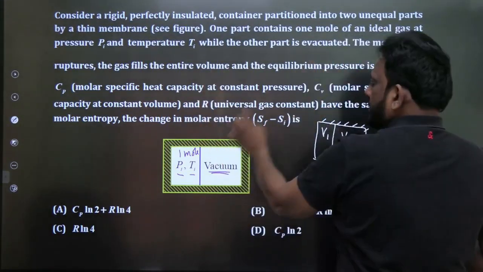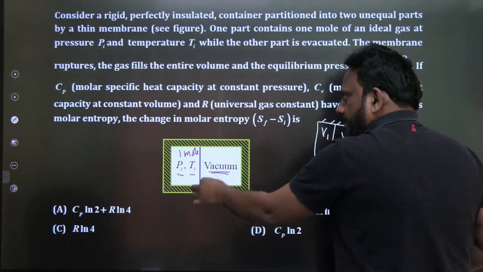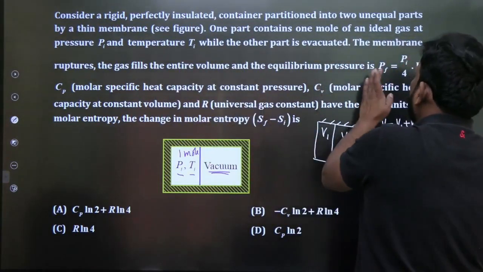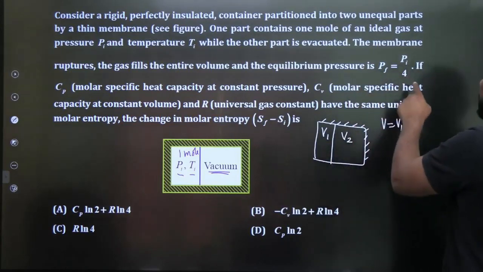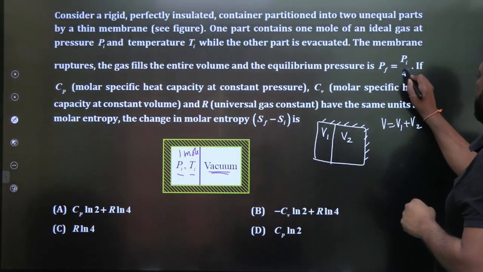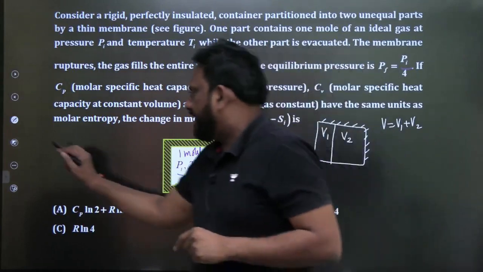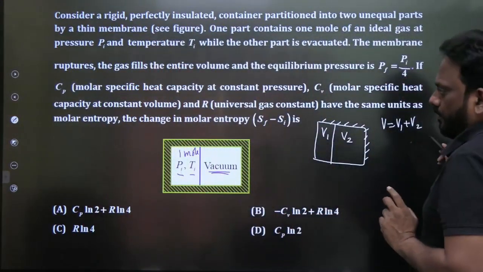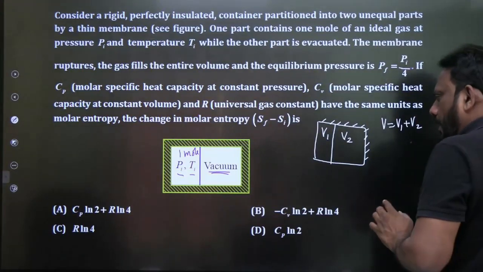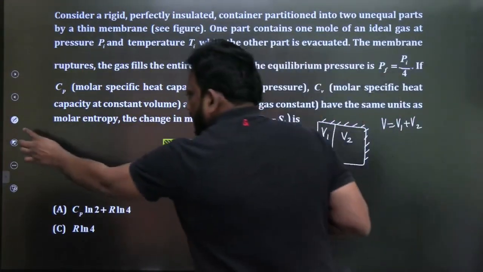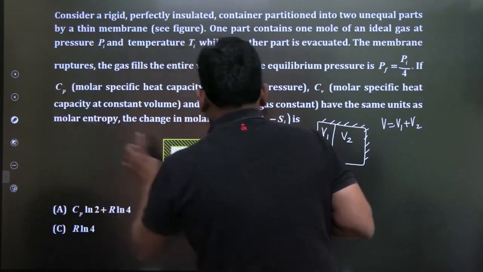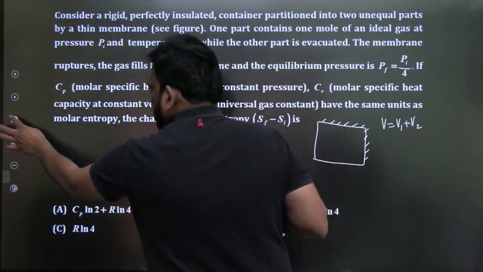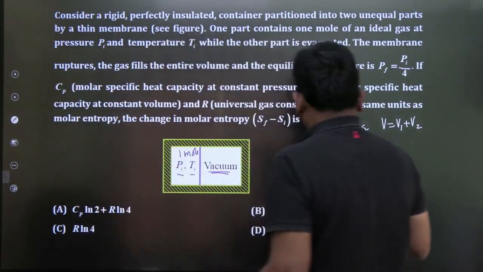The partition, or the membrane, ruptures and the gas fills the entire volume and the equilibrium pressure is Pf, and that is equal to Pi by 4. Now the partition is ruptured, and finally the entire gas is occupying this volume.